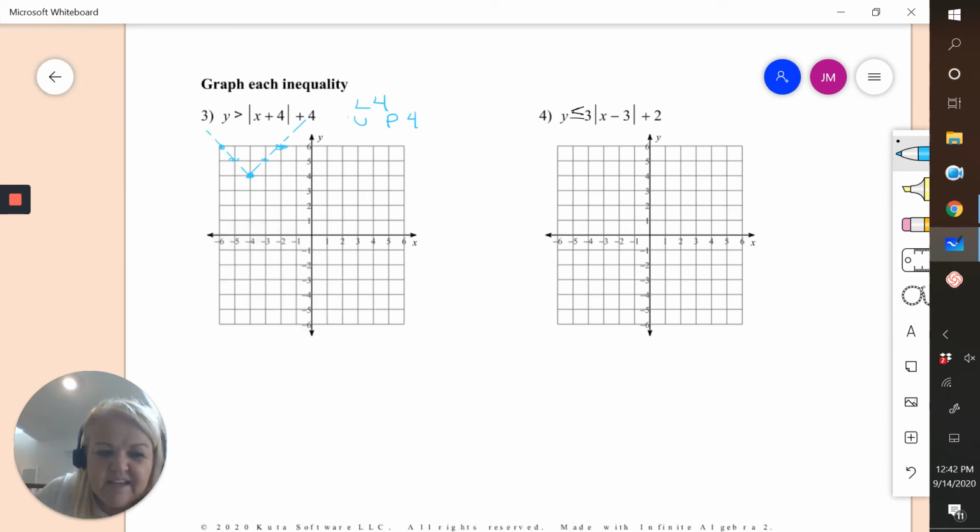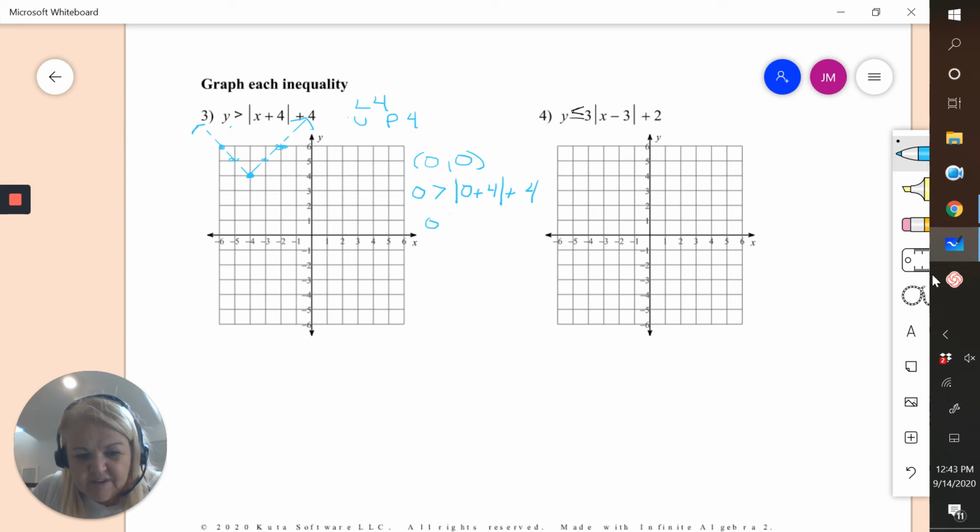Now in this case, you're either going to be shading inside the V shape or everything outside. So again, I'm going to pick a test point. I'm going to pick the test point 0, 0. So I'm going to plug it in here. Is 0 for y greater than 0 plus 4 in absolute value plus 4?